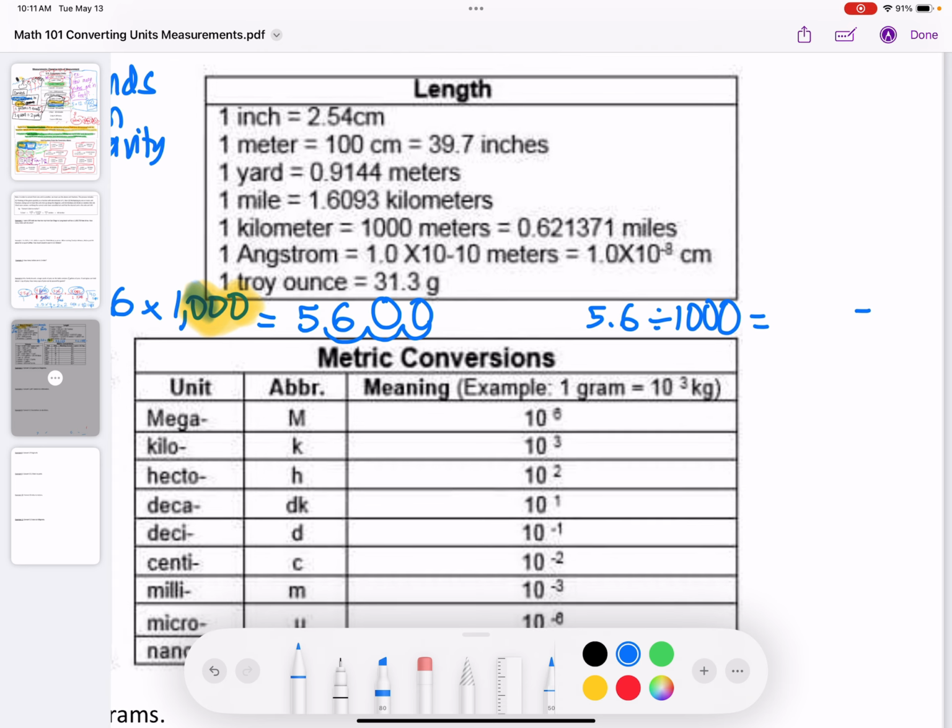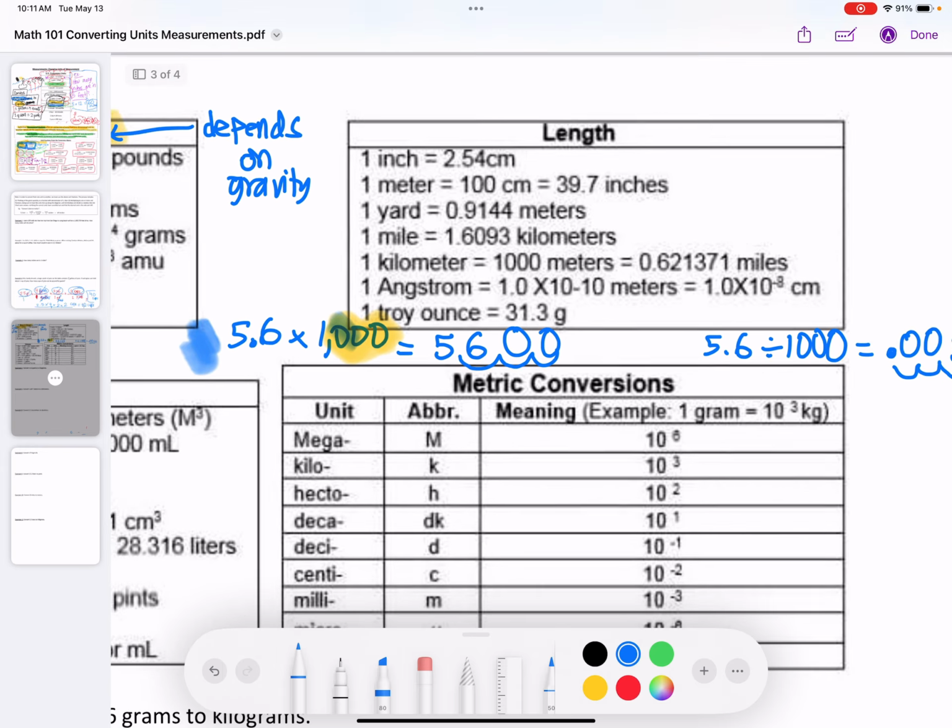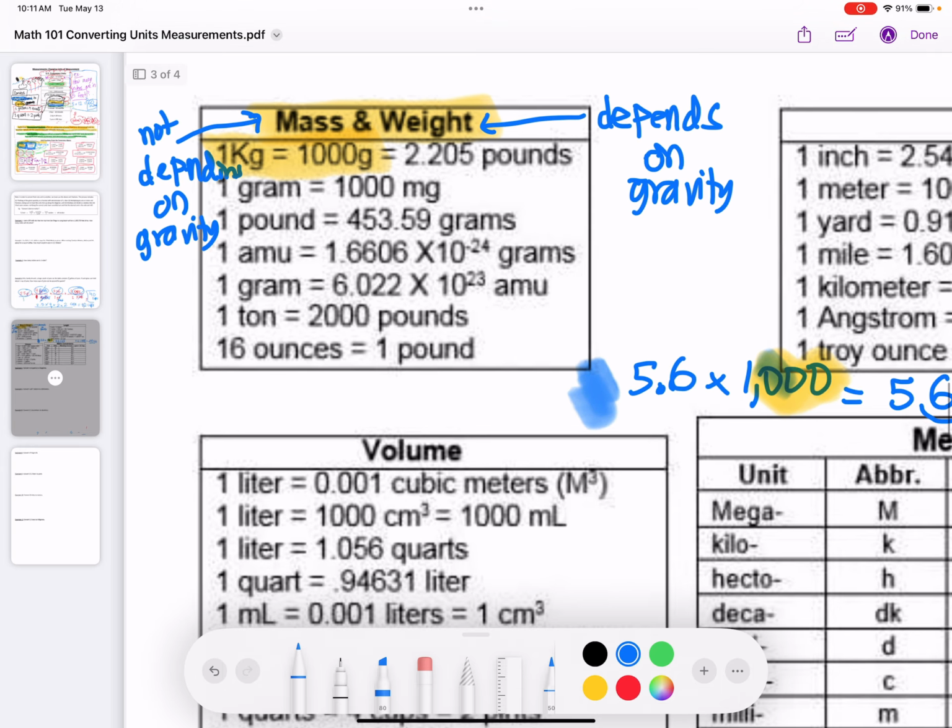But all I do is take that 5.6 and move its decimal 3 times to the left. 1, 2, 3, so it'd be 0.0056. Why does that seem wrong? 1, 2, 3. Yeah. Okay. Anyway, that's why metric system makes way more sense.